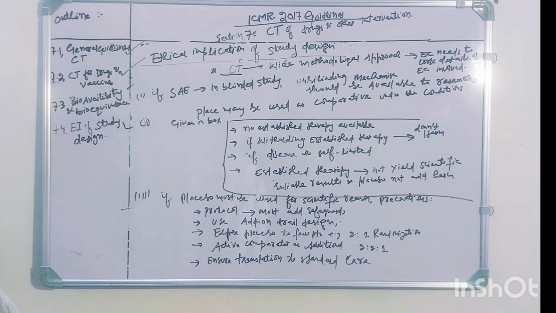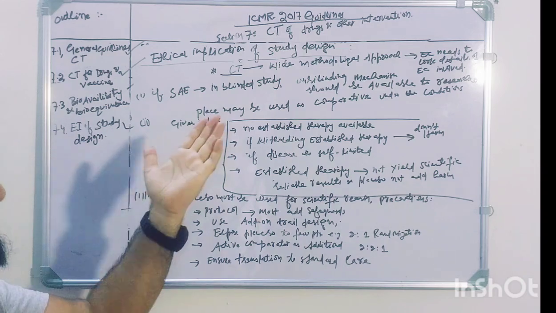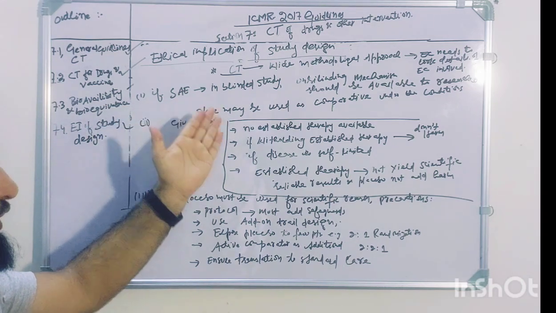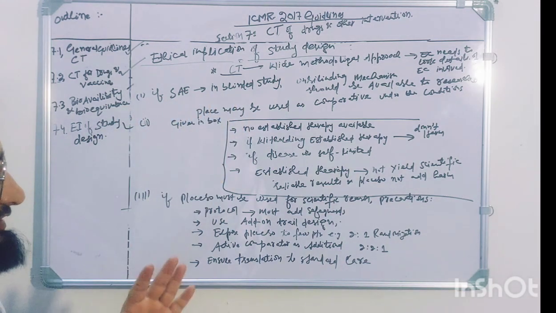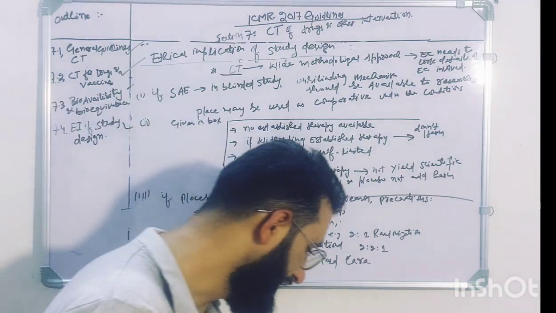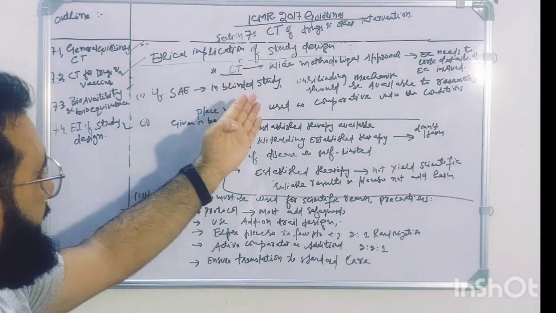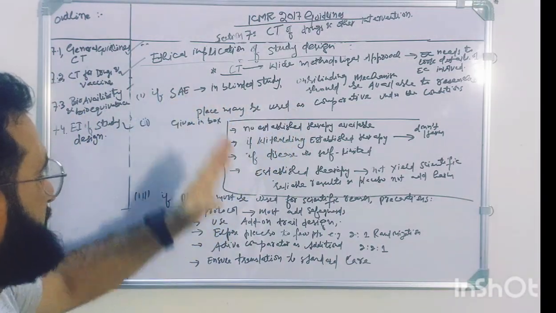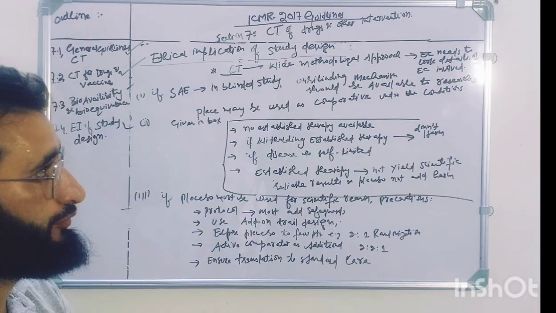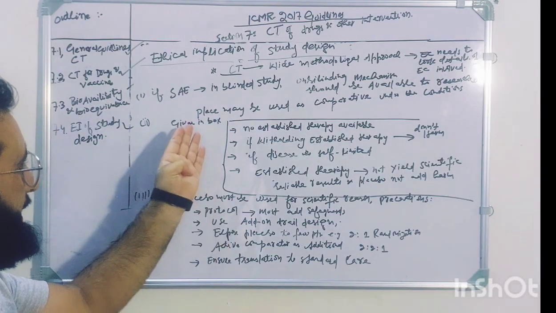Since clinical trials have different methodological approaches, the ethical committee needs to look at the different ethical concerns involved in each methodology. If a serious adverse event occurs in a blinded study, then in the interest of managing this serious adverse event, an unblinding mechanism should be available to the researcher.